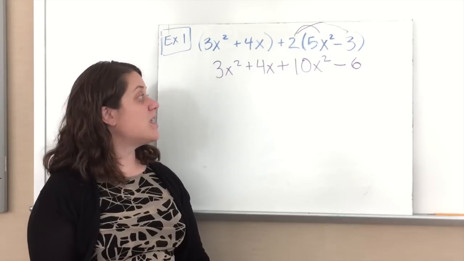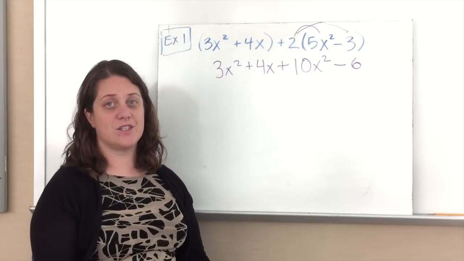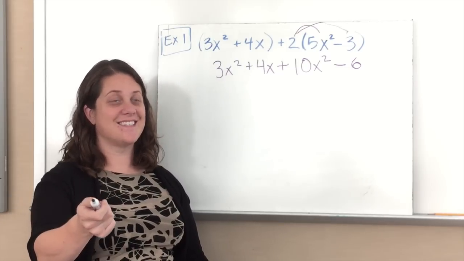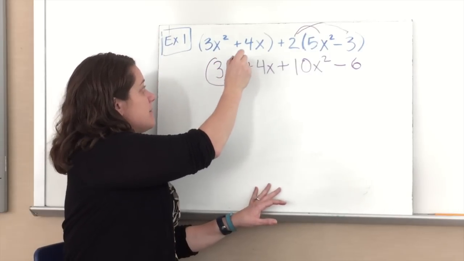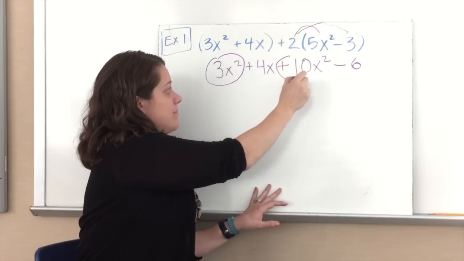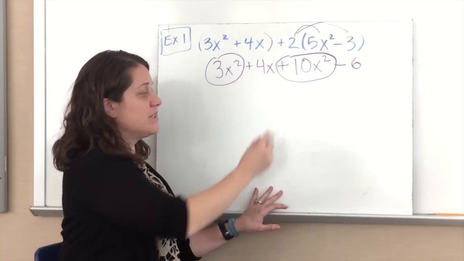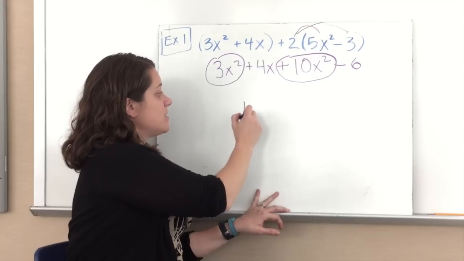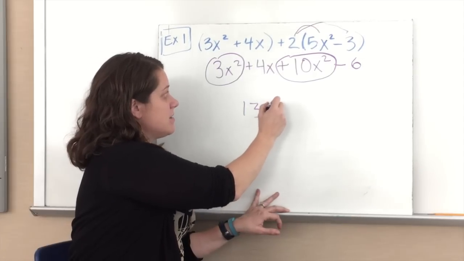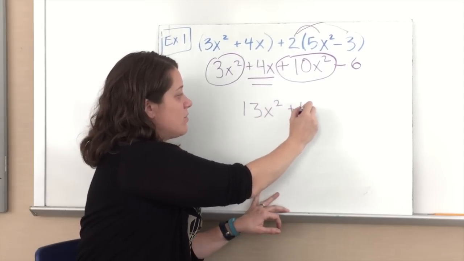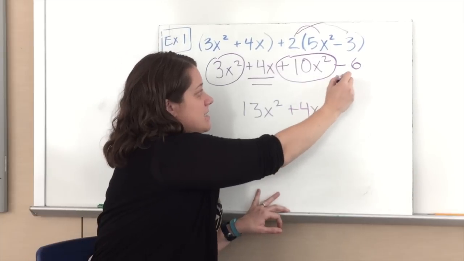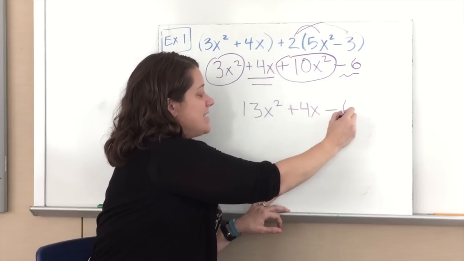Okay. So now, if you remember, the second thing we said to do is to combine like terms. I'm going to look, and I see a 3x squared, and notice I'm taking the plus sign with it, so I know that I'm actually adding those. So that's 13x squared, and then I see a 4x here, so I write plus 4x, and then lastly I see a minus 6.